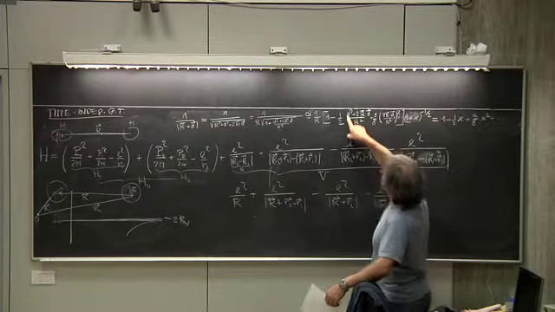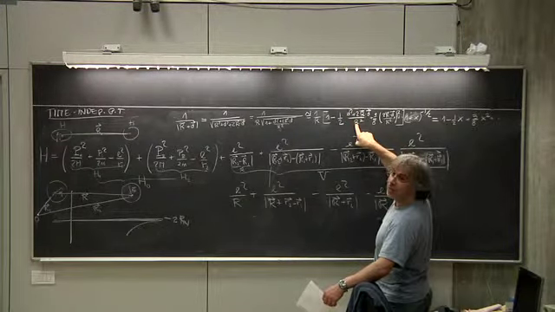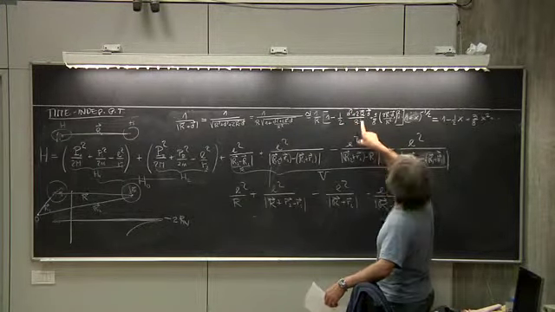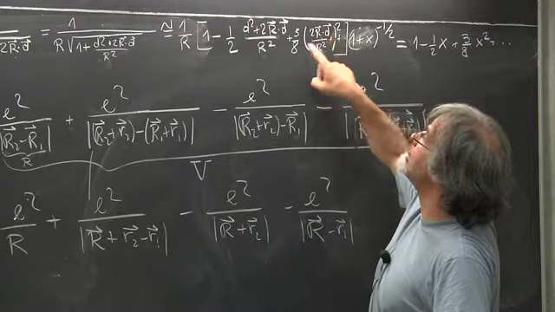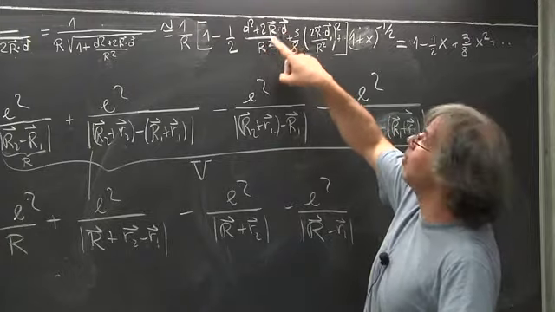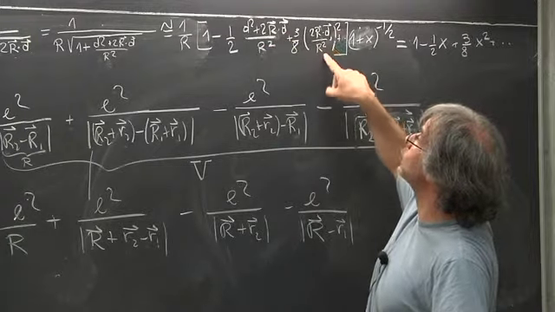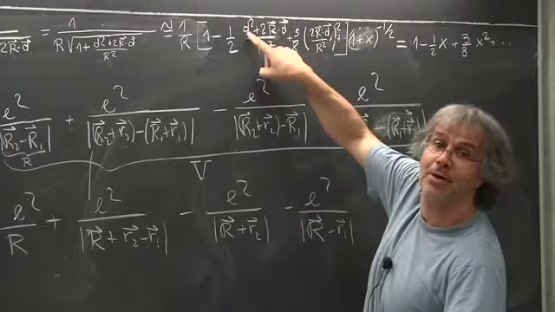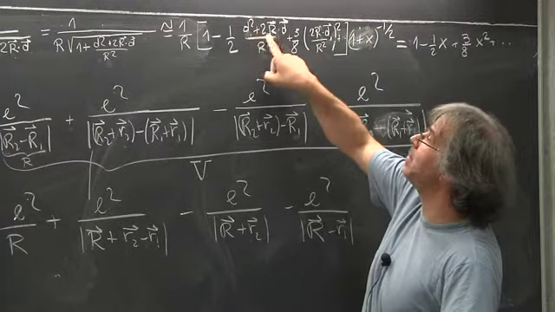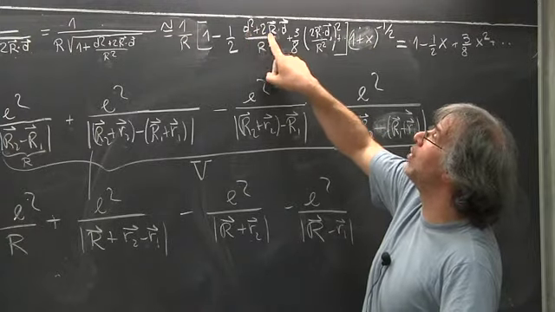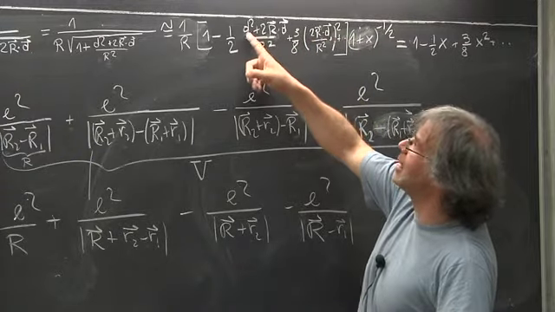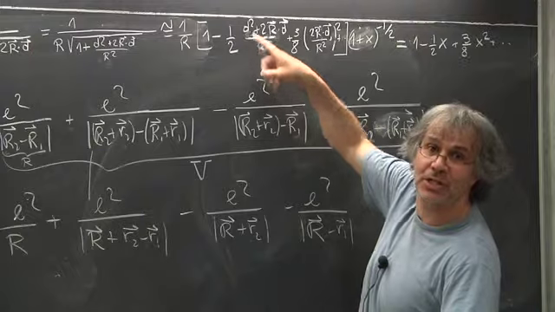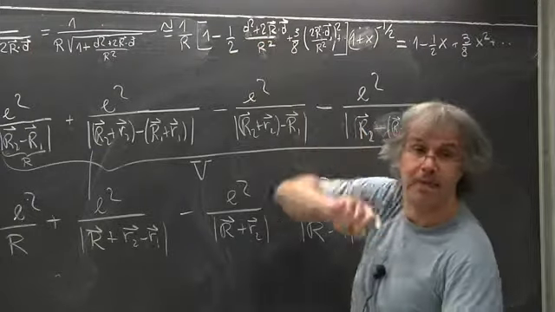It's because of this 1 over R squared here that you cannot avoid keeping another 1 over R squared that comes now from the second order of this. This is 1 over R. If you square, it's 1 over R squared, same order as that. Okay? So whenever this happens, that you have two different orders, always keep also the next one such that it is of the same order as what you have kept. All right?